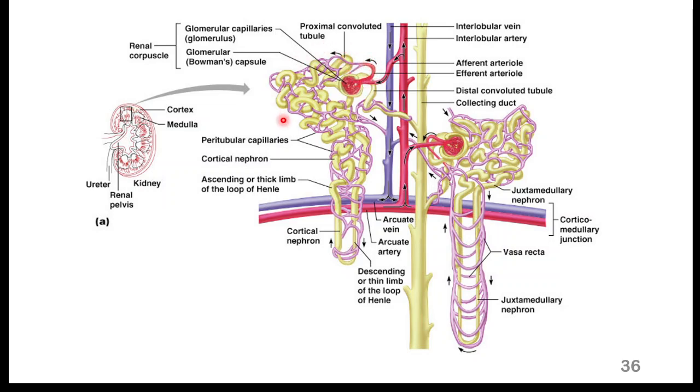All right, so this is its peritubular capillaries. All right, now for the juxtamedullary nephron, we can see a similar thing. This is the afferent arteriole, and its peritubular capillary is referred to as a vasa recta.